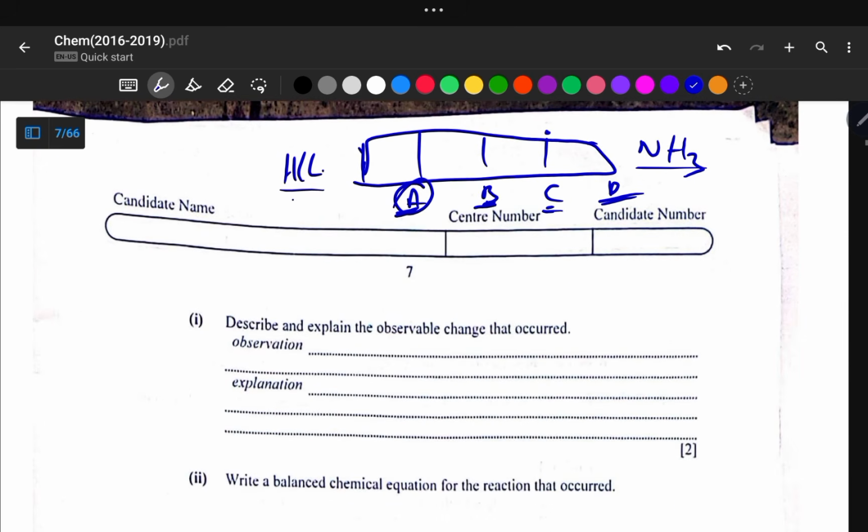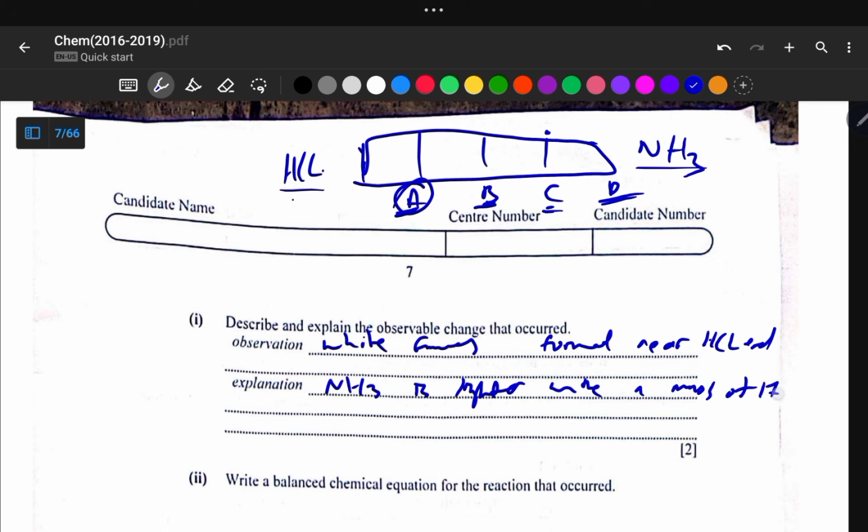And then we go back to our question. Explain the observation. So what you observe are the white fumes, right? Which are formed near the HCl end. So this is the observation. And then to explain, we can say ammonia is lighter with a mass of 17.